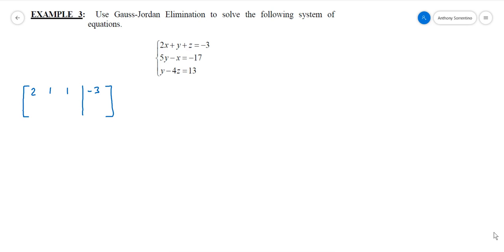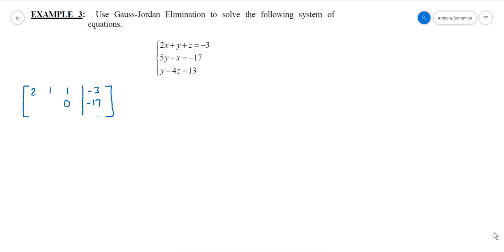The second row has a couple of pitfalls in it. First of all, it's missing a Z term, which means its coefficient is 0. I'll put the -17 over here already. It has the Y term and then the X term, so these are not lined up. Now, you don't have to write a whole step of lining this up like I did in the previous example.